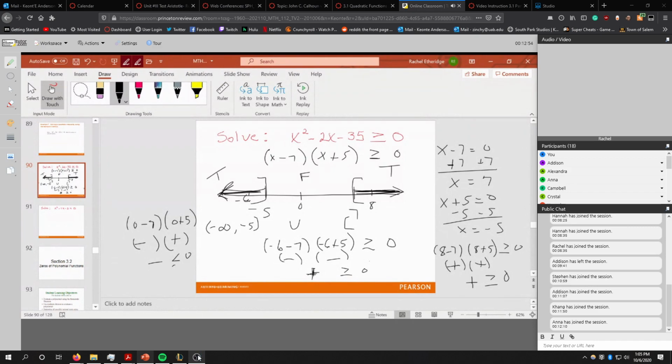If it's two different places where it's true, you're always going to get a union between those two. So this would be your answer. When you have two different parts of the graph, you have to use a union to put those together, not an intersection. An intersection is where something crosses each other.